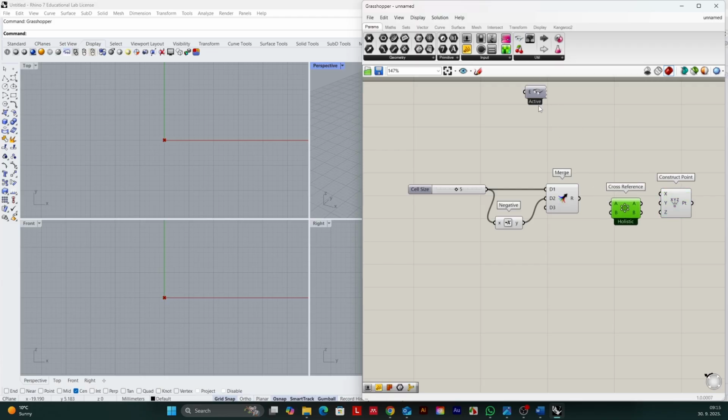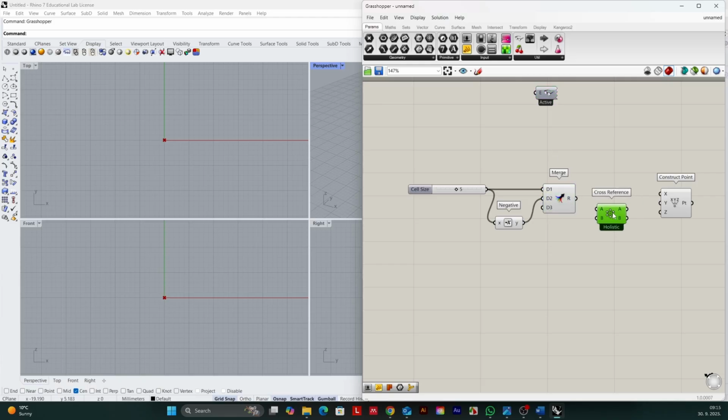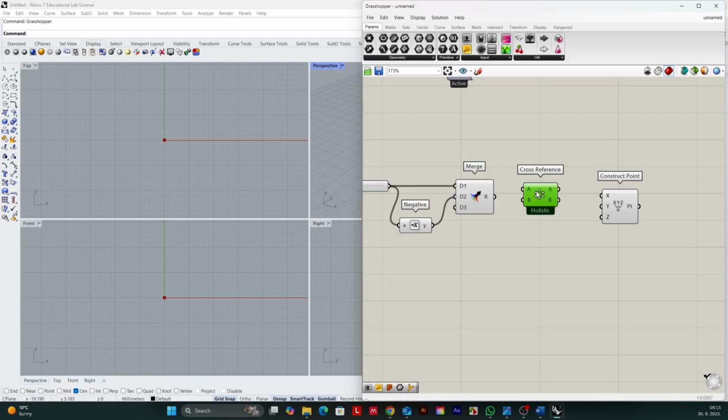We will include bifocals components to show names of each component or command in Grasshopper. This is a crucial moment, as this component tells Grasshopper to create a point at every possible combination of the input coordinates, giving you all 8 corners we need for creation of this kind of unit cell.